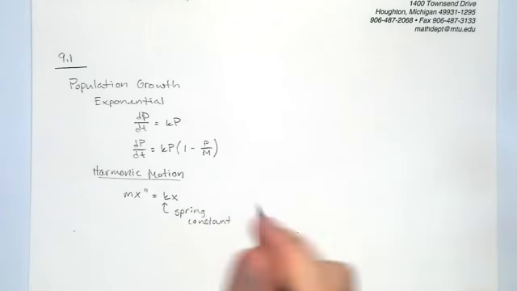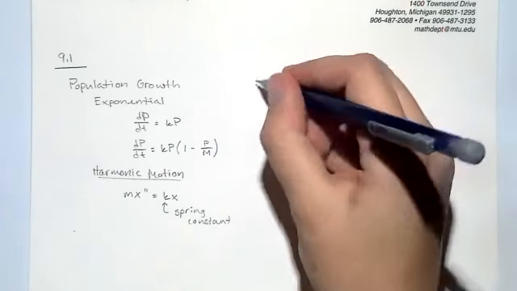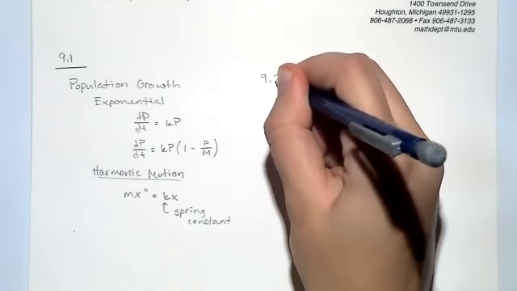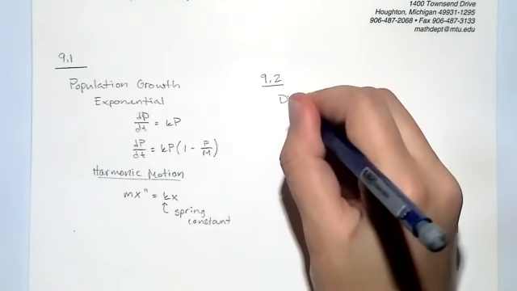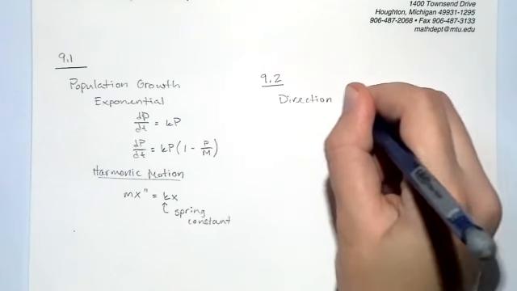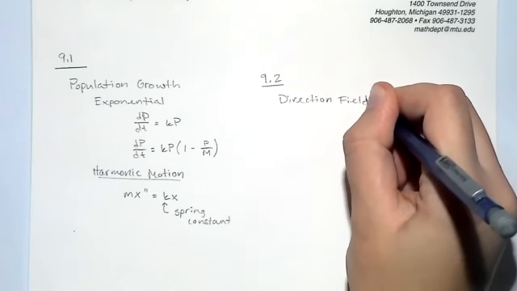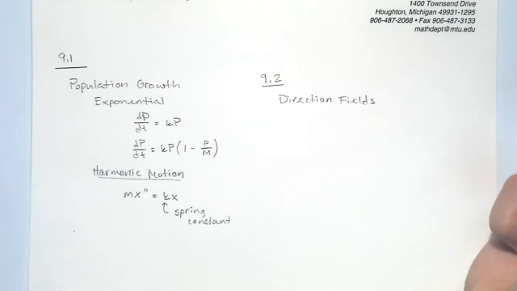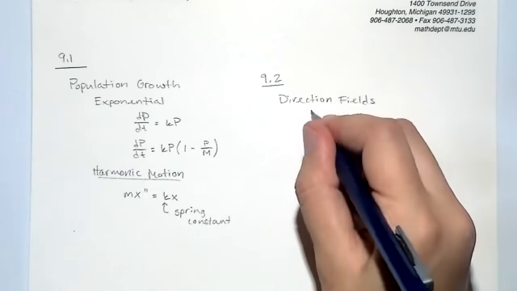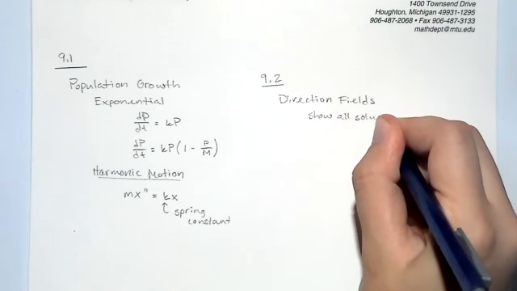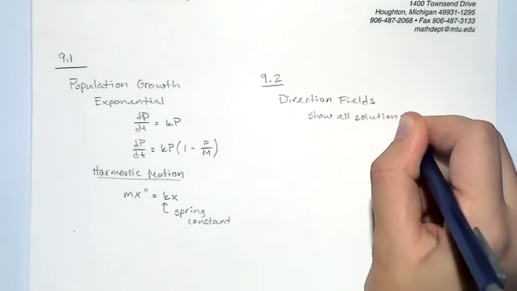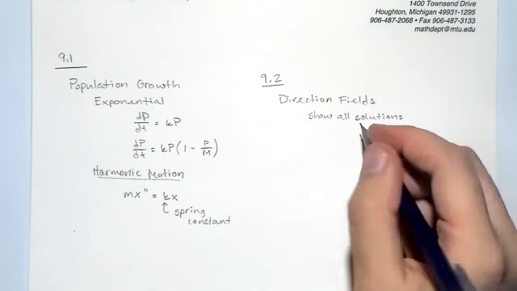Yeah, so then in 9.2, you guys covered direction fields, which show all solutions and all of the various slopes at various points on a curve.